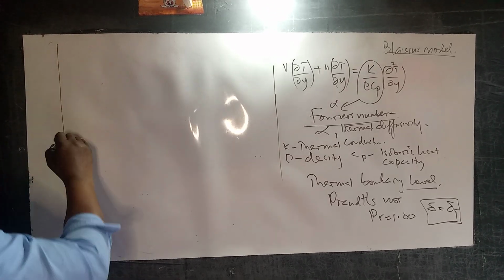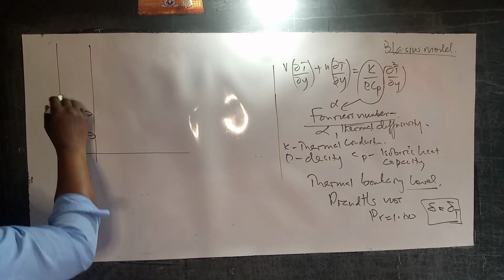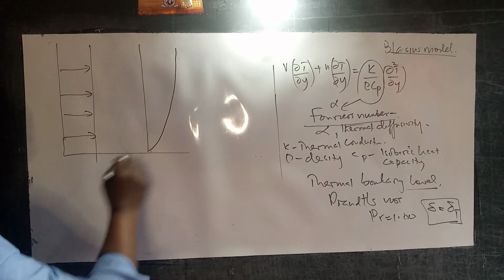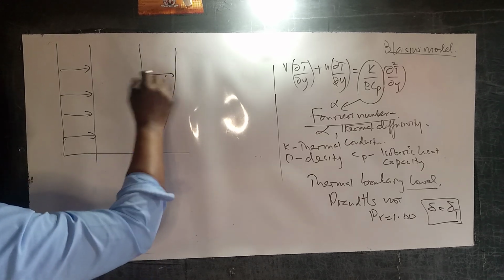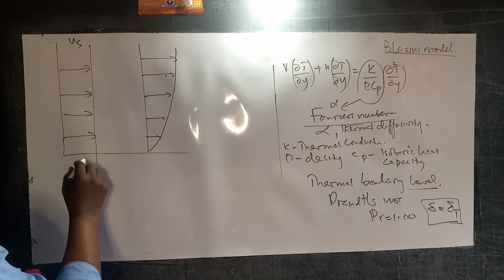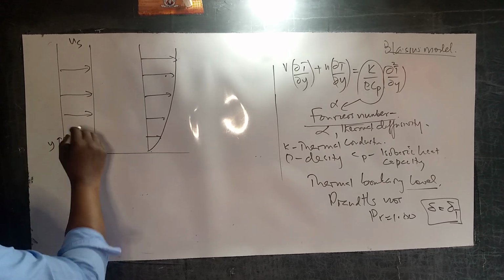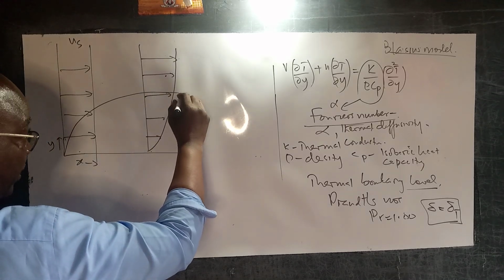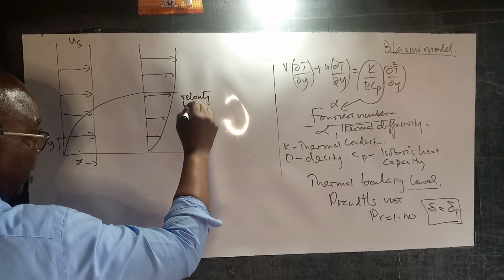This is a diagram which now you should be pretty familiar with. Stream velocity. We call this the velocity boundary layer.